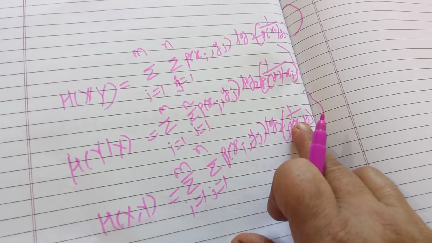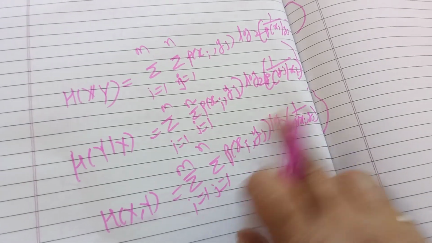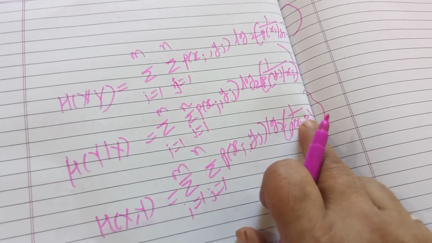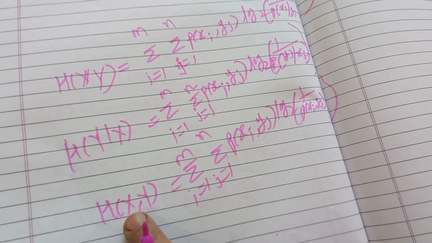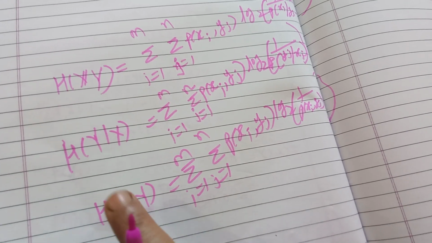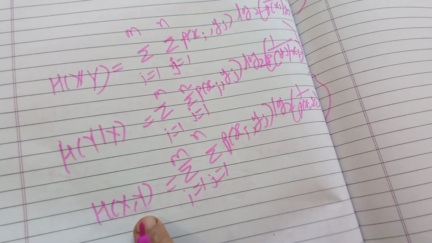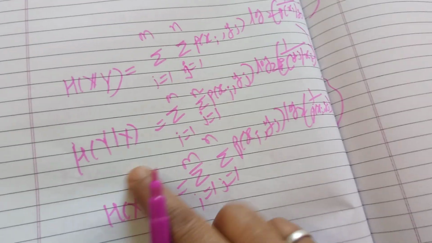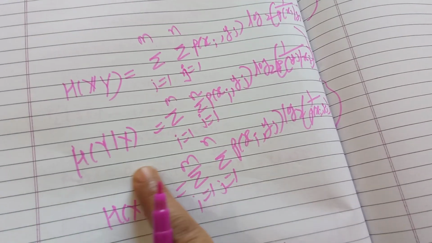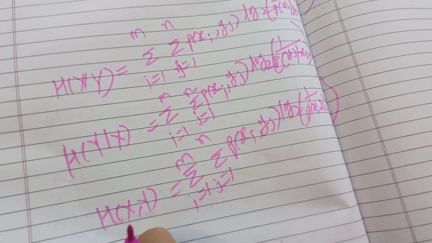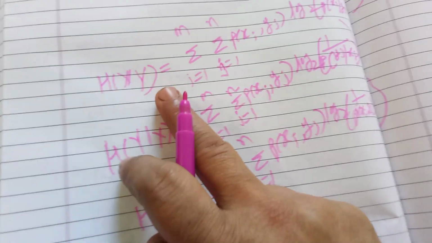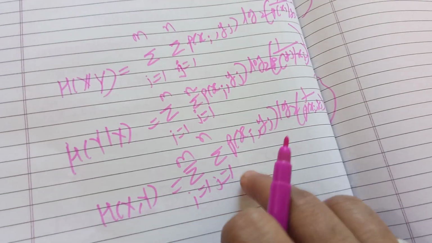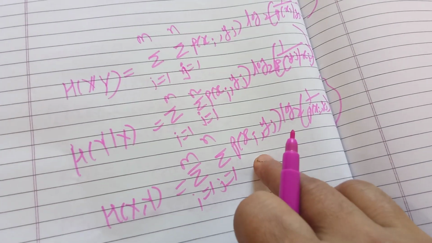That means you have to see for joint probability only. That's why I told my students also that first compute H(X,Y). Don't go for these. All these formulas we have seen in the previous videos.